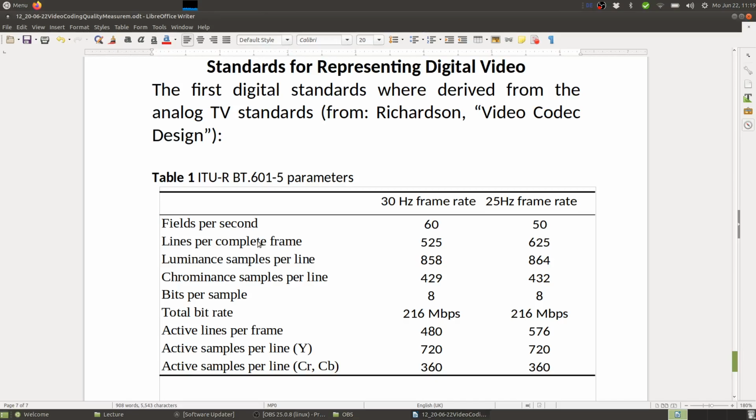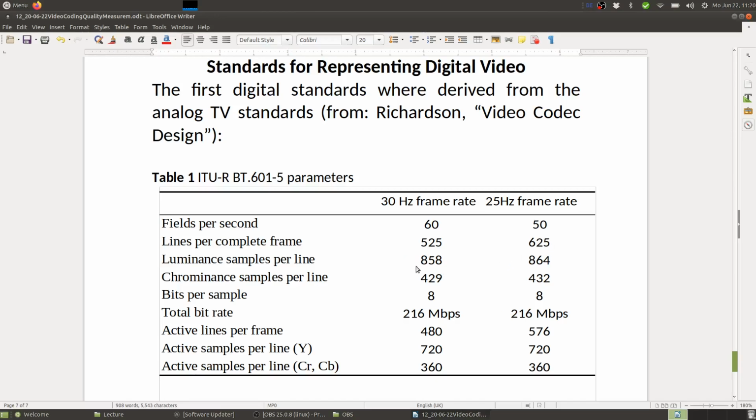So here we have the lines per frame. So 525 for the 60 Hertz countries, and 625, a little bit more for the 50 Hertz countries. So here we have slightly higher spatial resolution, but slightly less temporal resolution.